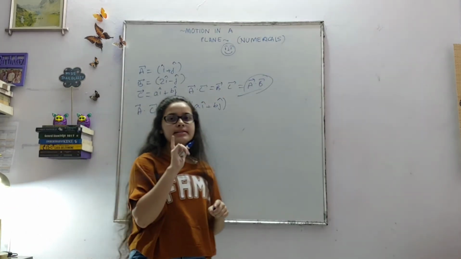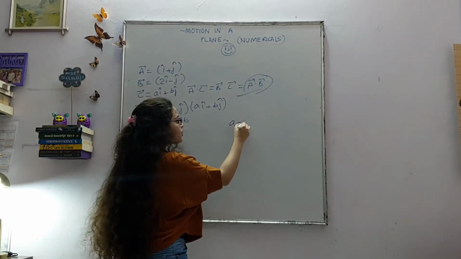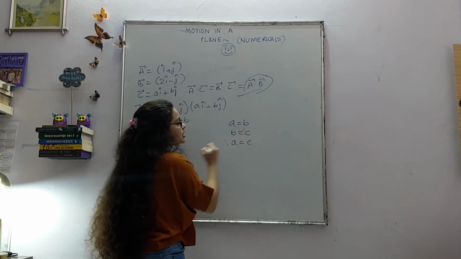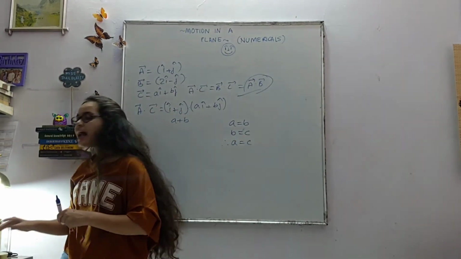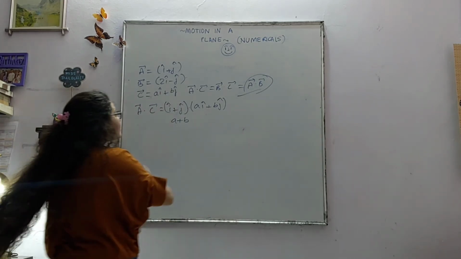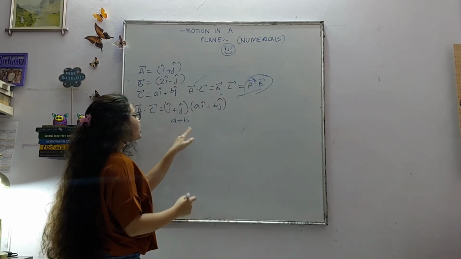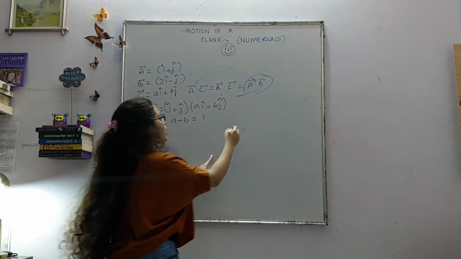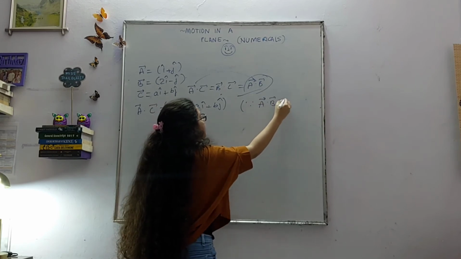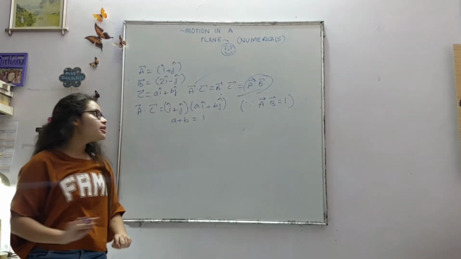You had a chapter in class 9 or 10, I'm not sure, but it tells you that if A is equal to B and if B is equal to C, you get A equal to C. Yeah, that logic is what we're going to use here. So if this is equal to this is equal to this is equal to this. So what is a plus b? Is it equal to 1? Since A dot B equal to 1, a plus b is 1. Is it clear?